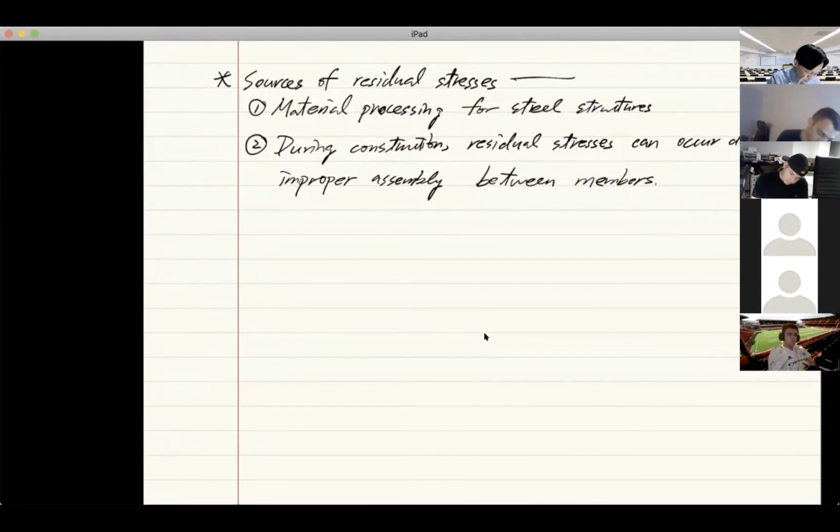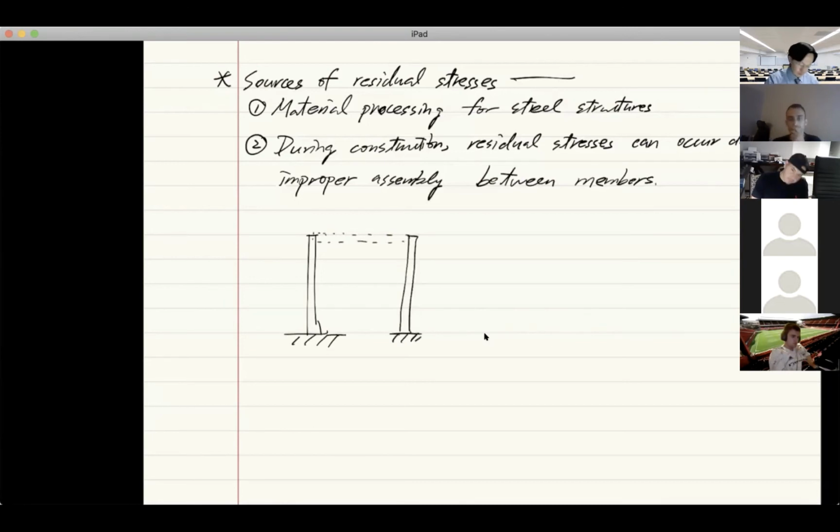For instance, if you're trying to build a truss member, or a truss member doesn't have residual stress depending on the hinge design. Suppose you're building a frame and you have a vertical frame member, which is like this. And you're supposed to join the member somewhere exactly to be here to build a portal frame, because there's another column member which was built here. So the original design is just to build the two vertical columns and you join them with a beam member.